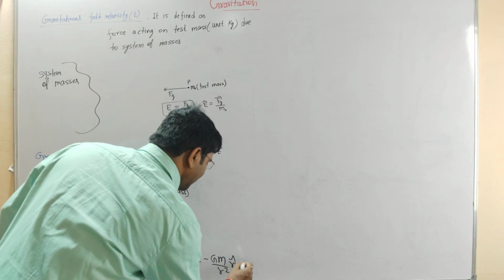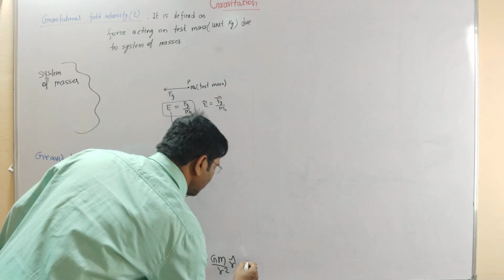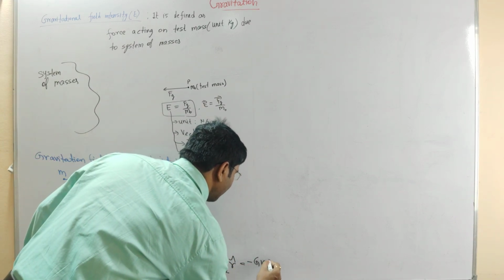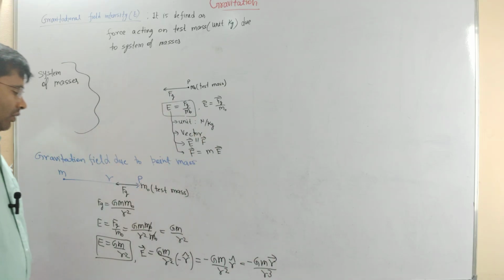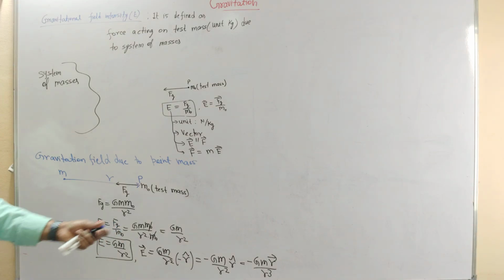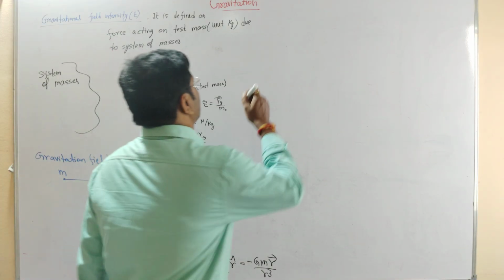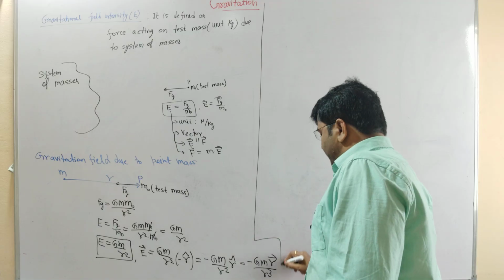Or, since r cap is vector r upon mod r, we can also write minus G M vector r upon r cube. Clear? So this one is better. Otherwise we can also write it in this form. So this is the gravitational field due to a point mass.